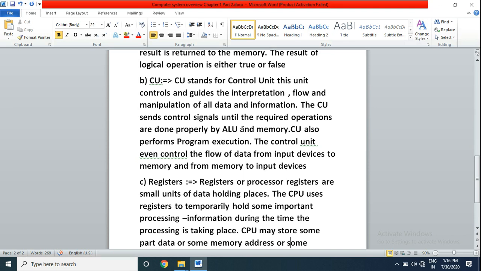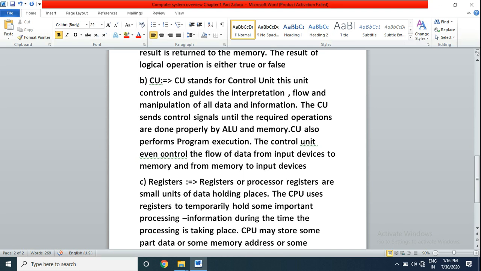So this unit sends the control signal until all tasks have been completed by the ALU or memory. The CU, or control unit, also performs program execution. Whatever program we want to execute, this task is done by the control unit with the help of the CU.